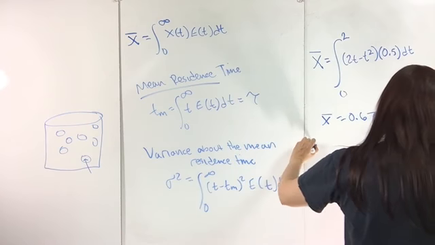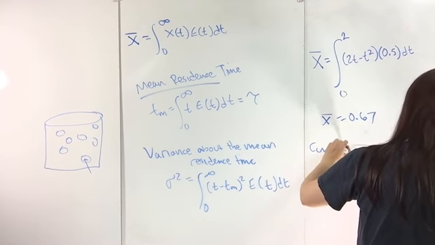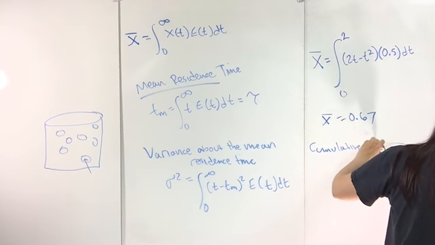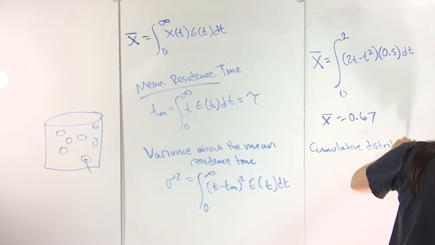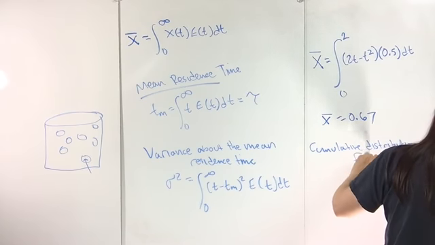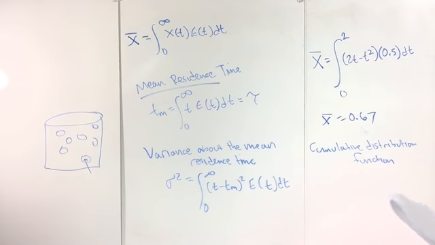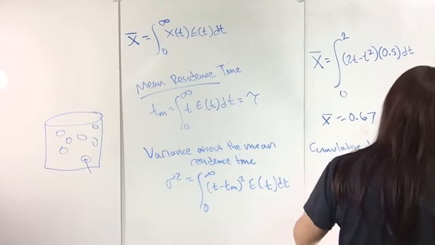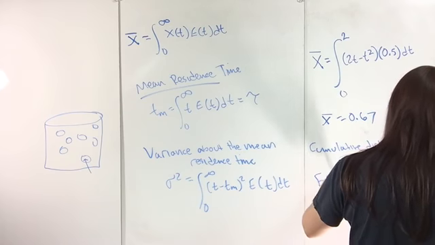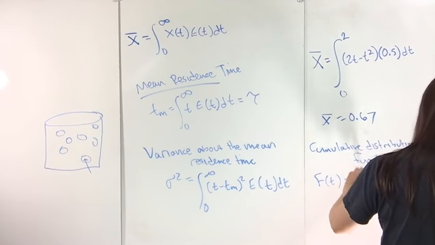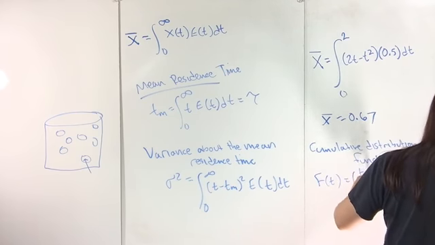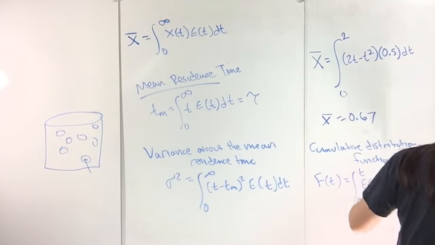And then there's also the cumulative distribution function. And this is all the material that's been in the reactor in time t or less. So F of t is equal to the integral from 0 to t of E of t dt.